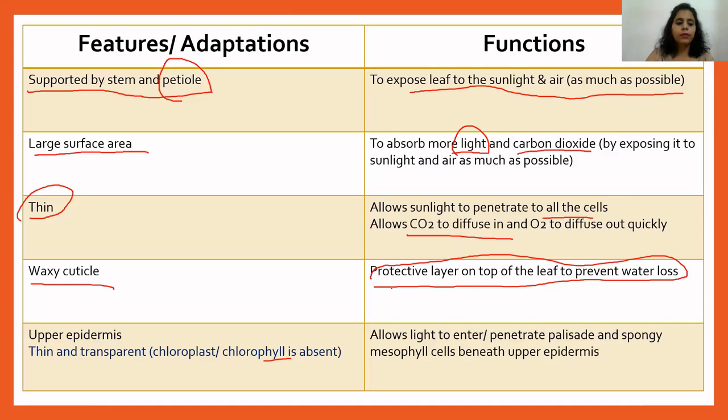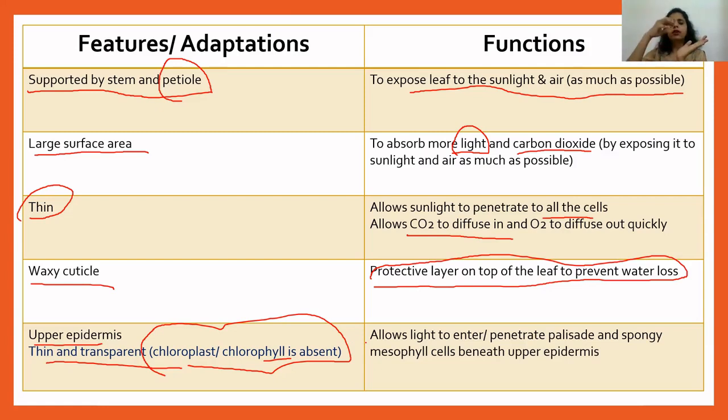Now the next part is the upper epidermis. The upper epidermis is thin and transparent. It is transparent, as I've already explained earlier, because chloroplast or chlorophyll is absent in the upper epidermis. Due to the absence of chloroplast or chlorophyll, it is not green in color. Because of this nature, the sunlight which falls on the upper epidermis is not absorbed by its cells.